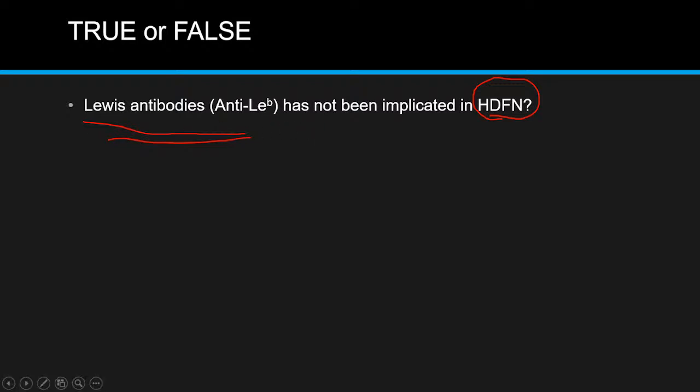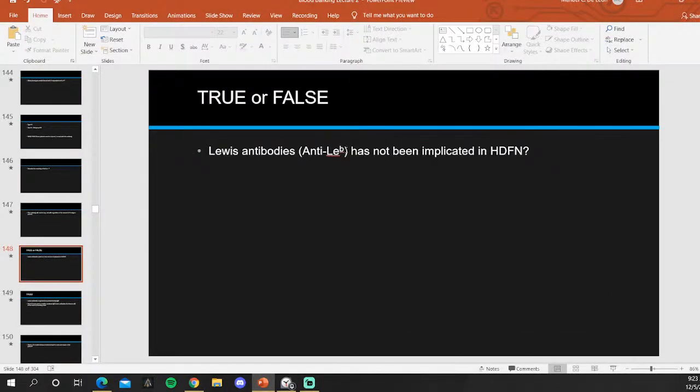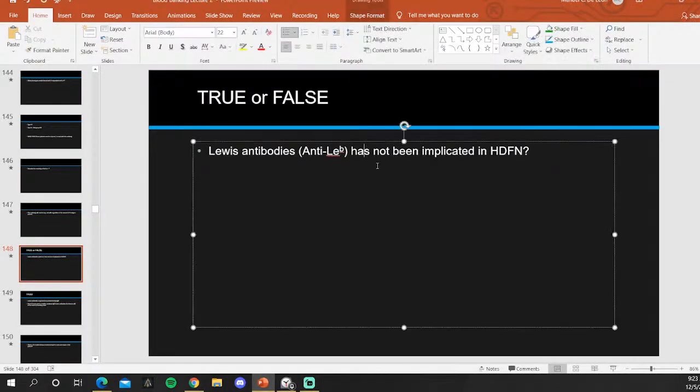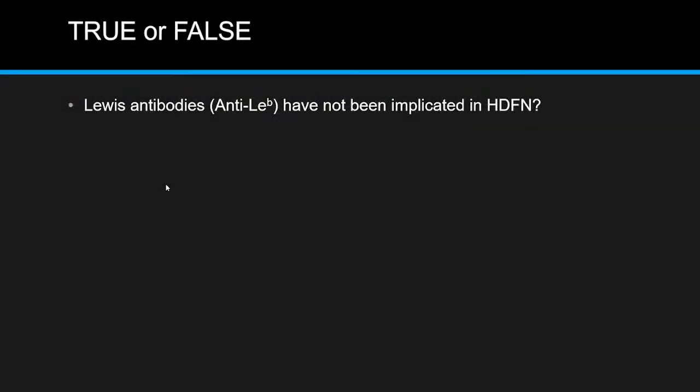Yung grammatical error na naman. Inaantok na kasi ako guys, nung tinatype ko to. So our statement is Lewis antibodies have not been implicated in HDFN. True or false?